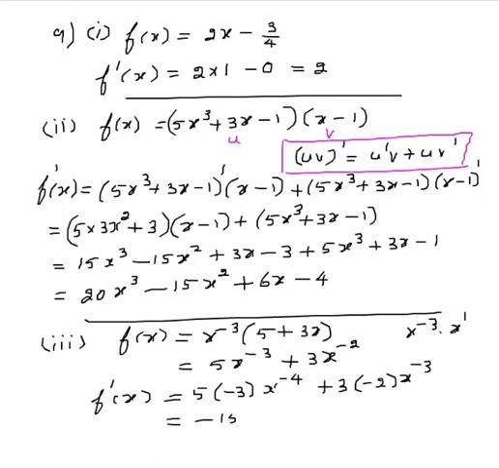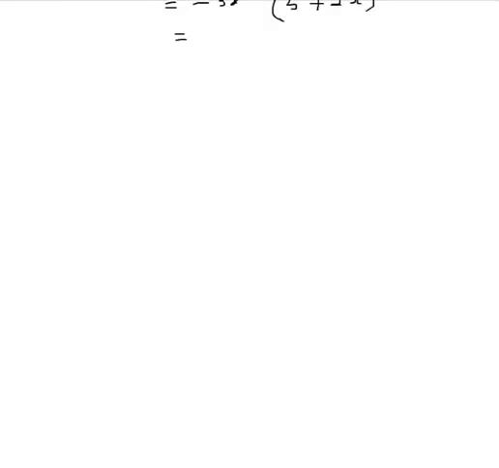The answer is minus 15 x raised to minus 4 and minus 6 x raised to minus 3. We can take minus 3x raised to minus 4 common. We get 5 from the first term and plus 2x, which can be written as minus 3 divided by x raised to 4, (5 plus 2x).